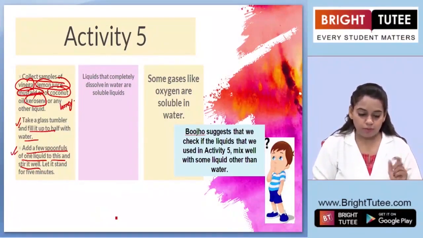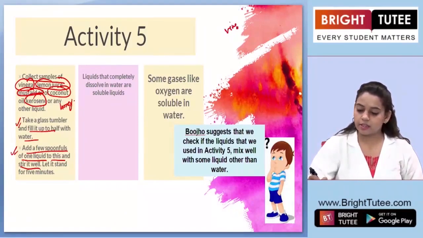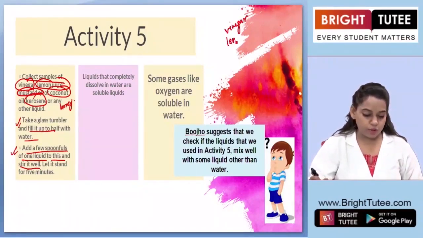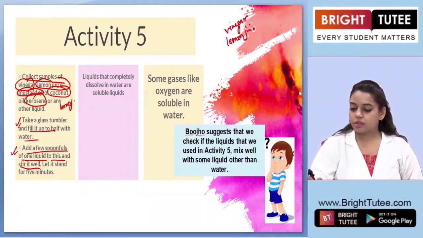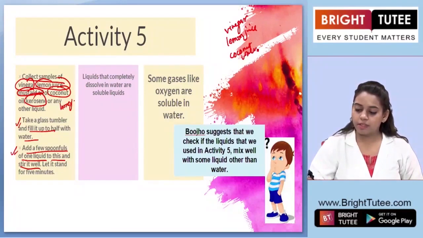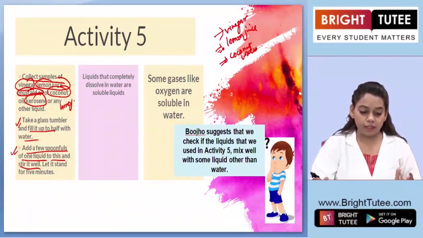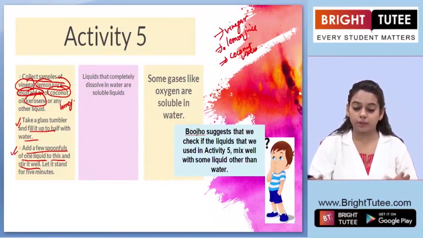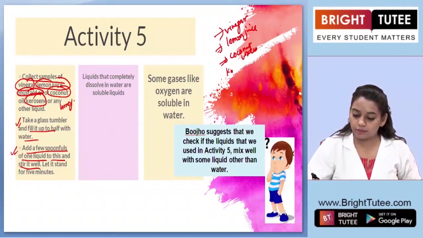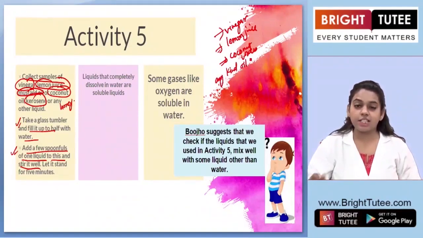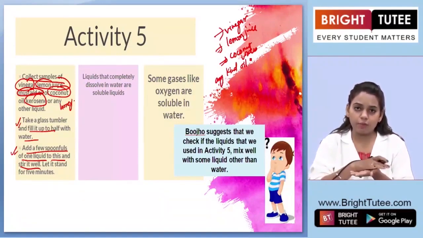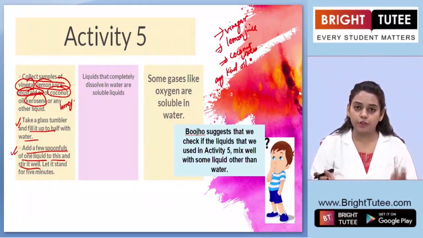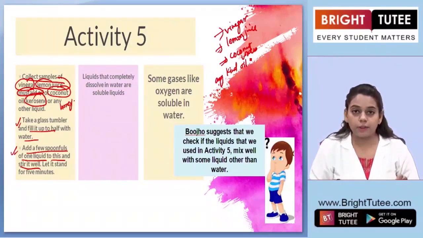And similarly you will observe that vinegar, lemon juice and coconut water will be soluble in water, and they are known as soluble liquids. And there will be certain other liquids, like any kind of oil, that will just float at the top and form a different layer on top of water, and you will observe that these are not soluble in water.